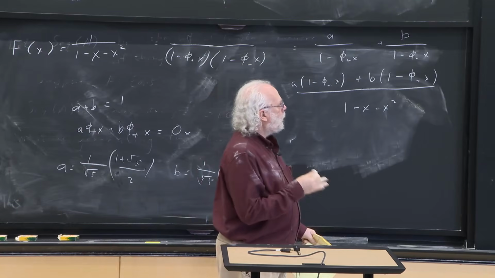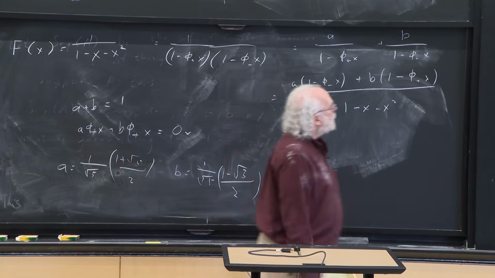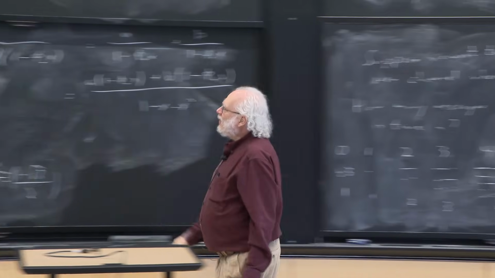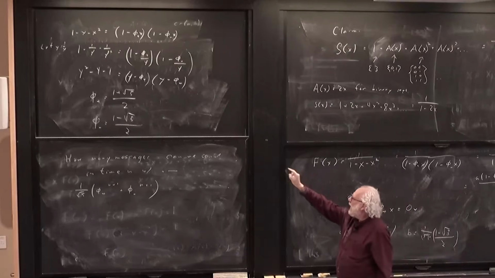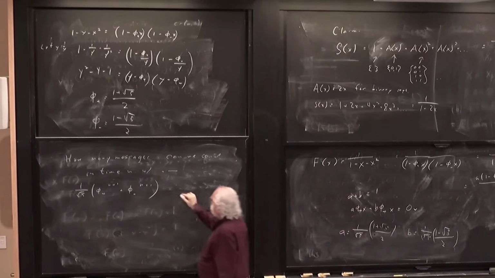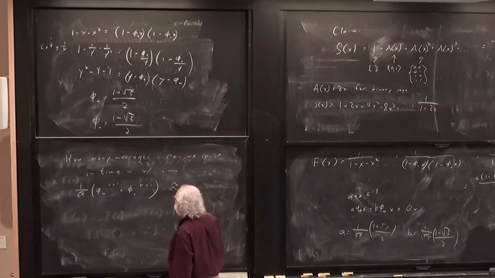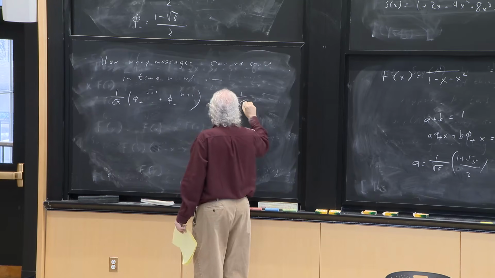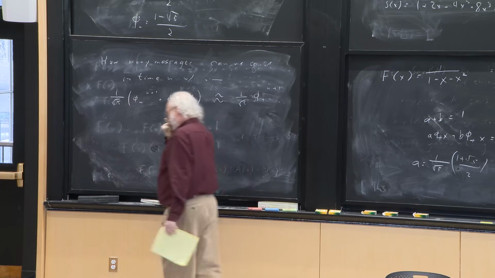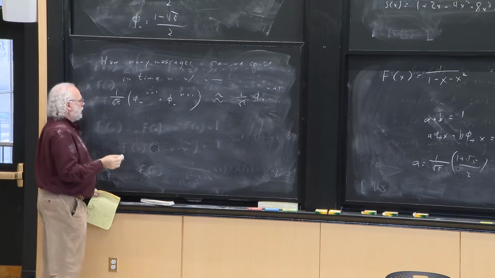Now, I want to say that phi plus is bigger than 1, and phi minus is less than 1. So this is very close to 1 over root 5, phi plus to the n plus 1.